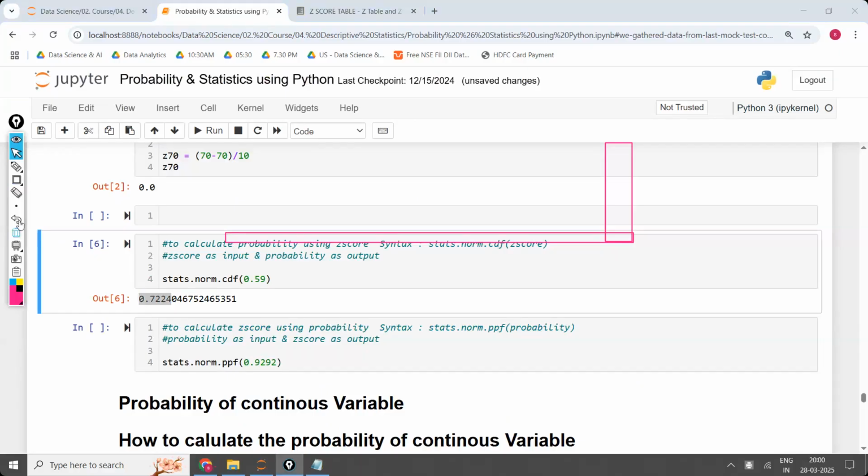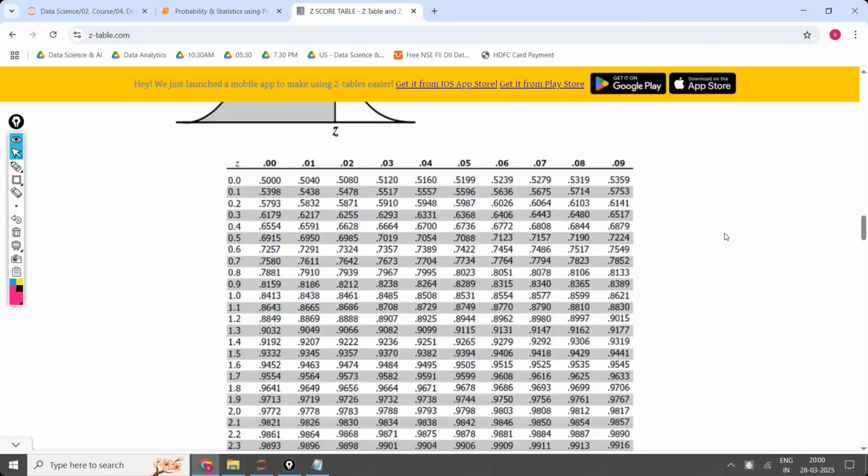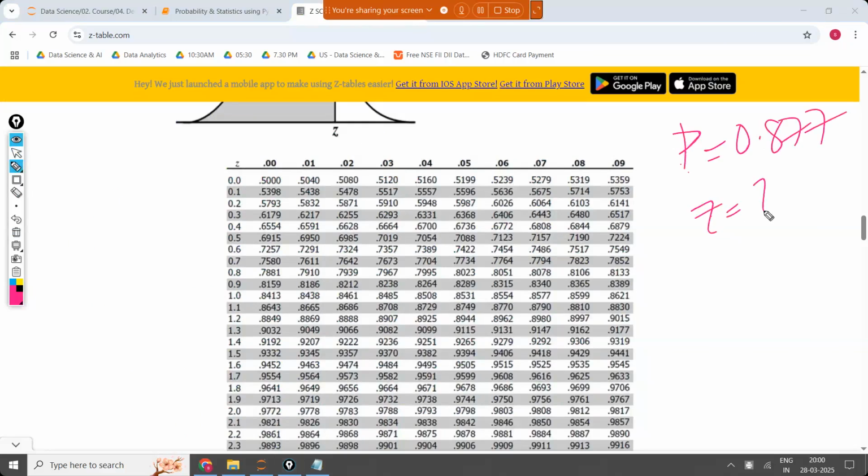Now, see guys, again I'm opening the Z table. Now this time I will tell you the probability, and you tell me the Z score. The probability is 0.877. What is this number? This is Z score. This is probability. What I have given to you? Probability. What am I asking for? Z score.